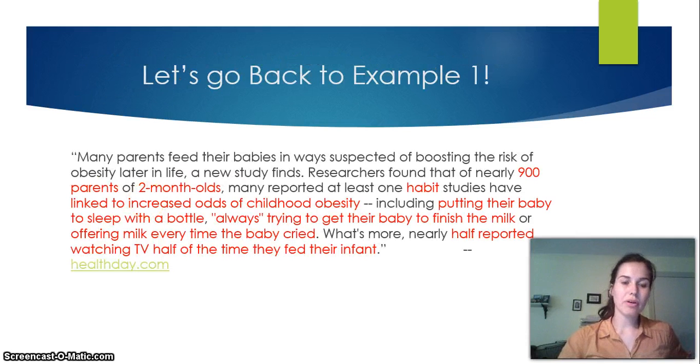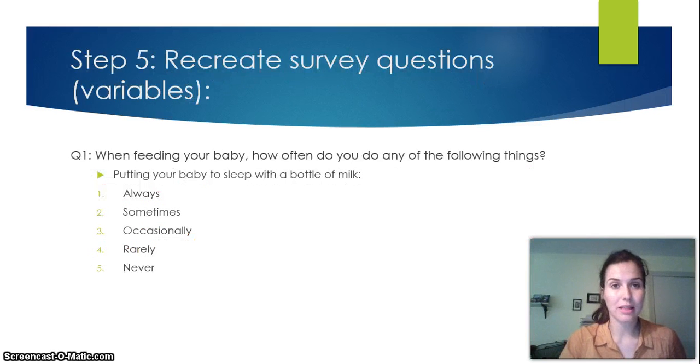I'm going to go back one more time, and if you look at all those different results here, at least one habit was reported, including putting their baby to sleep with a bottle, always trying to get the baby to finish the milk, offering milk every time the baby cried, and half reported watching TV half the time they fed their infant. Now you have to ask yourself, how did they actually find those things out? Well, in a survey, they asked the people. That's what they did, right?